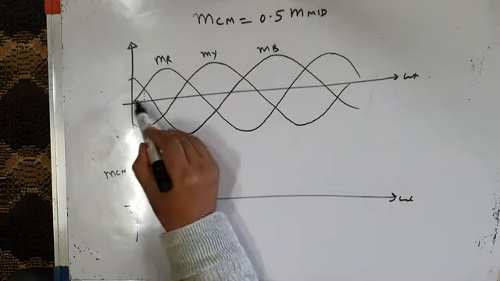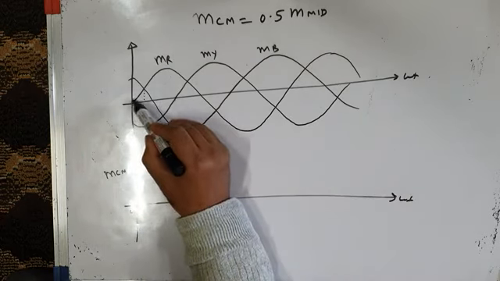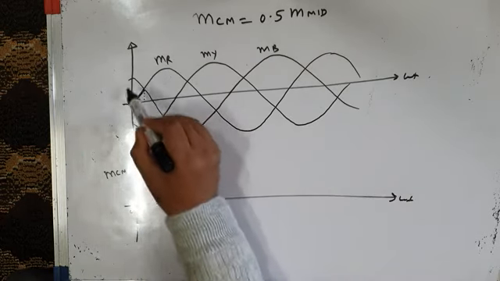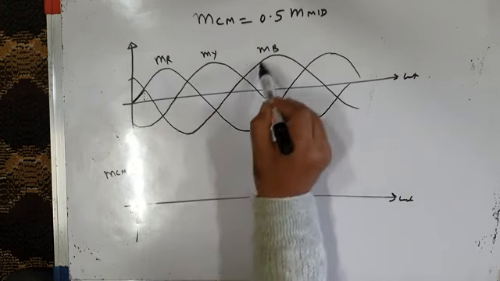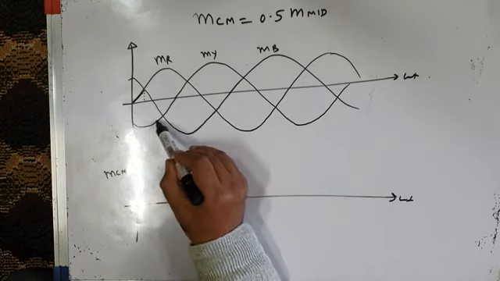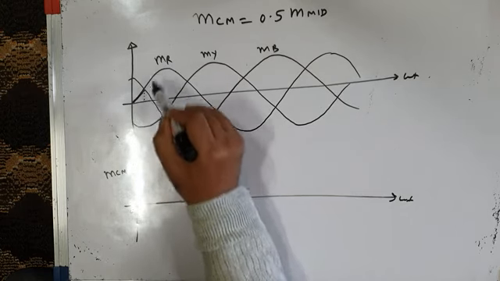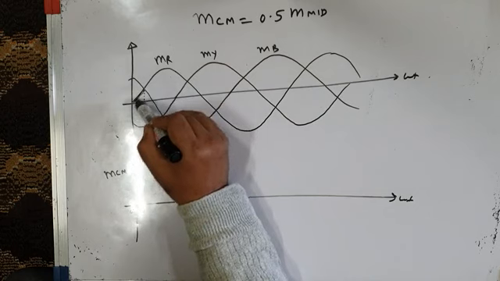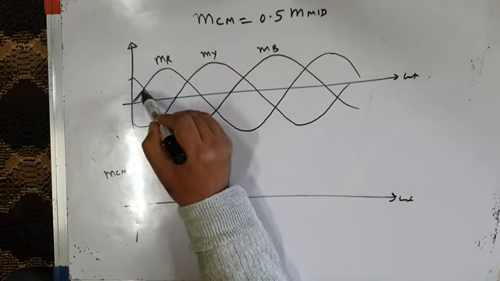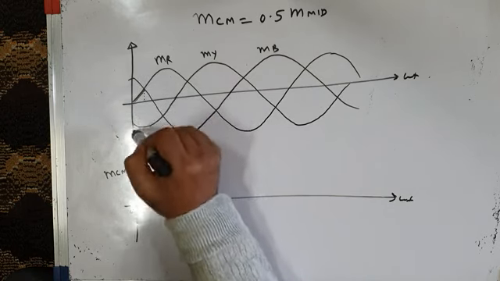So this is 0, this is 30 degrees. From 0 to 30 degrees, this is the mid. See, M max is MB, M min is MY. And what is M mid? Which one is in the middle among these three waveforms? MR is in the middle. MR is the M mid. It's between M max and M min.